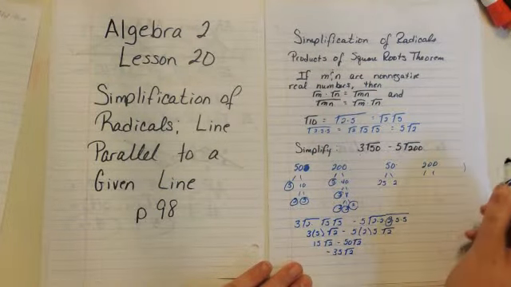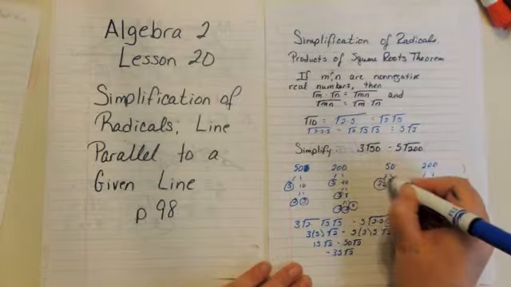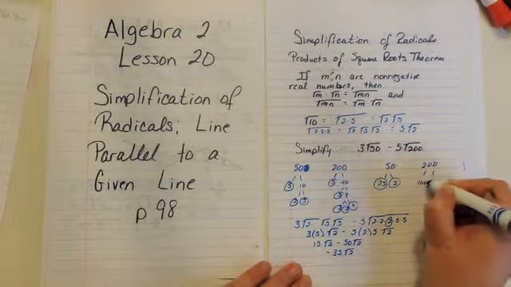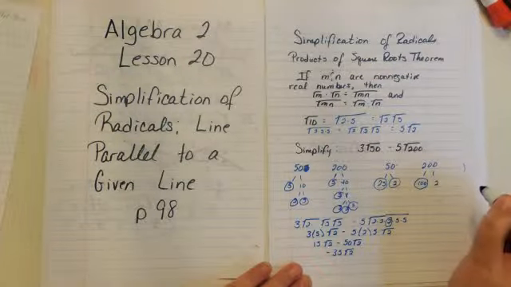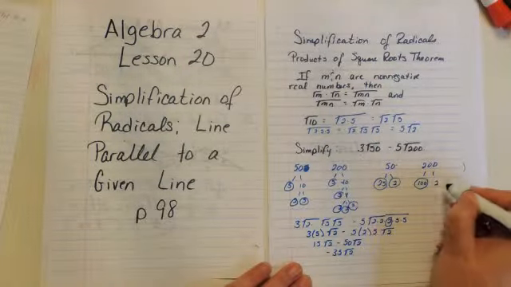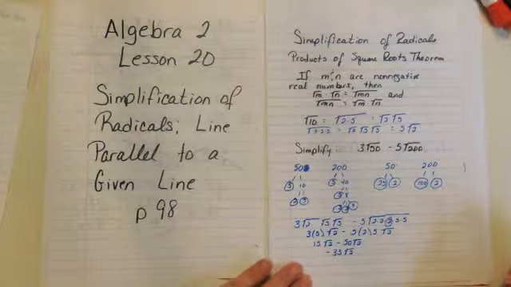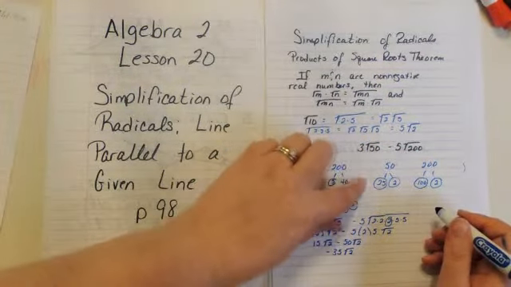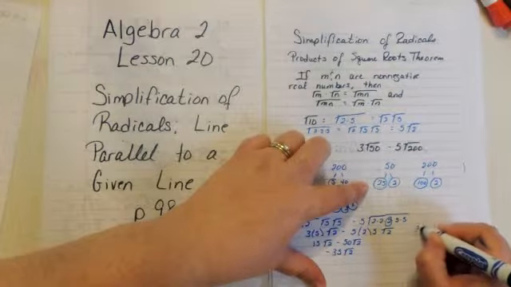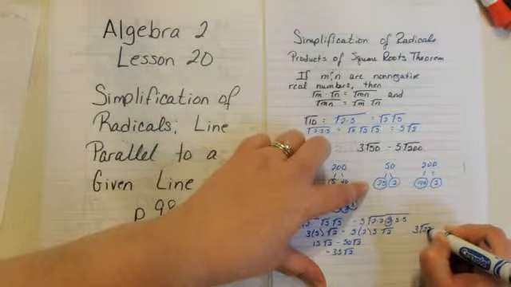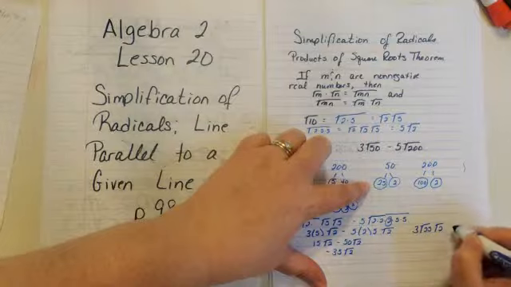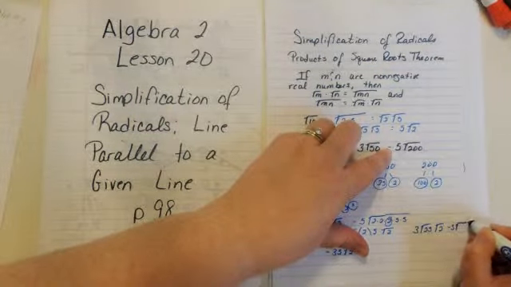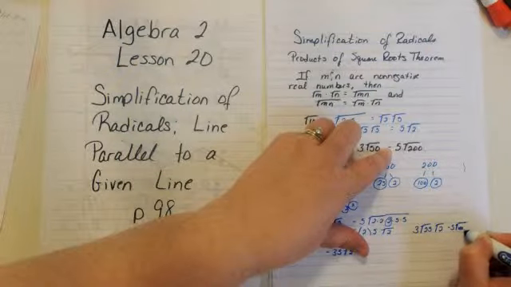Let's do this one too. 200 is 100 times 2, and 100 is the square of 10. So we can say, in place of the square root of 50, we can say 3 times the square root of 25 times the square root of 2 minus 5 times the square root of 100 times the square root of 2.